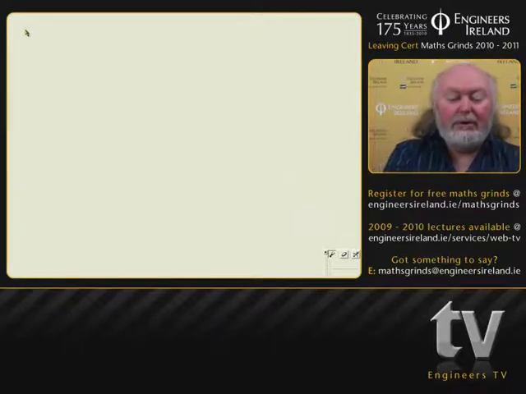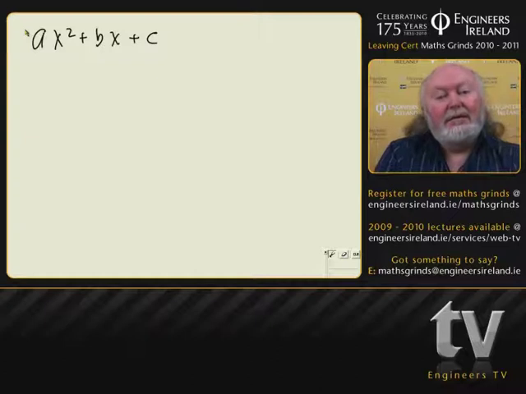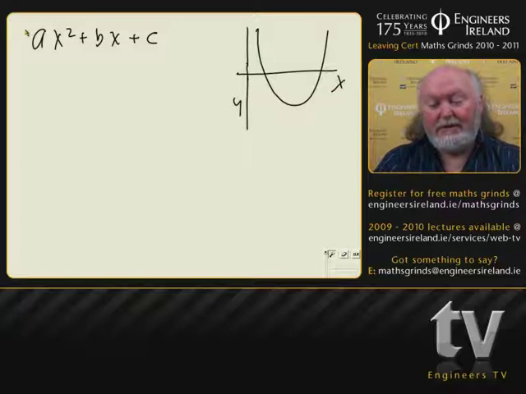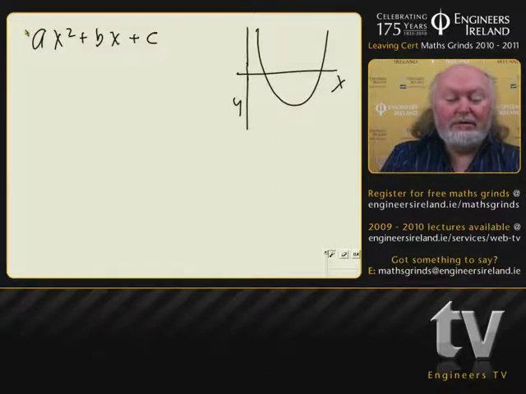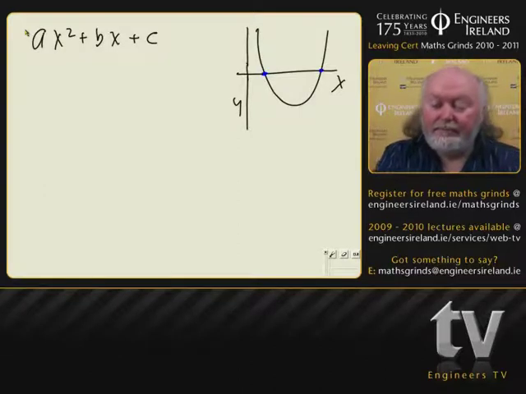If we look at the usual ax squared plus bx plus c, that function, if I wanted to find the roots of it, and you will be well familiar with this, we're just assuming now this is the y-axis and that's the x-axis, and I want to find the roots. What are we looking for? We're looking for that guy and that guy.